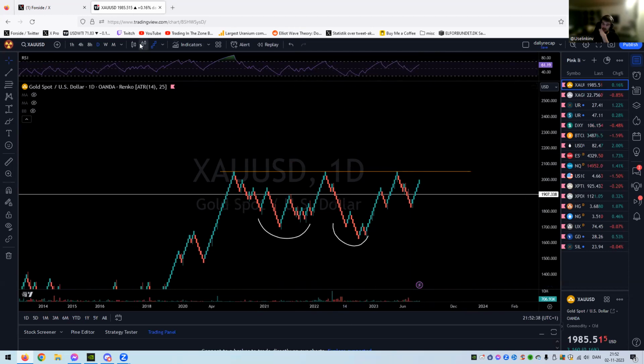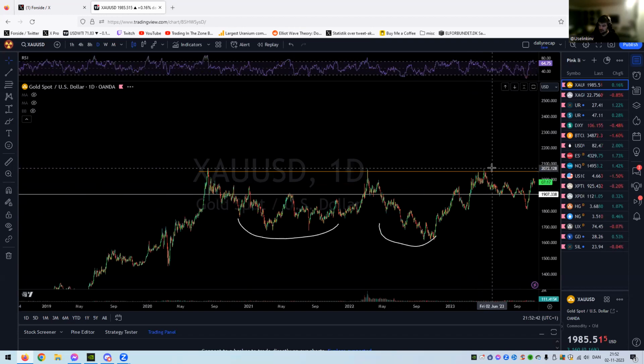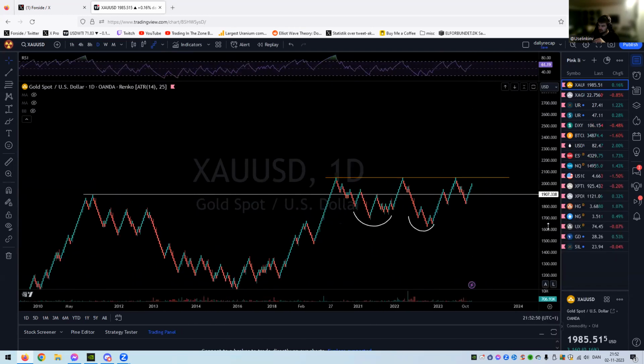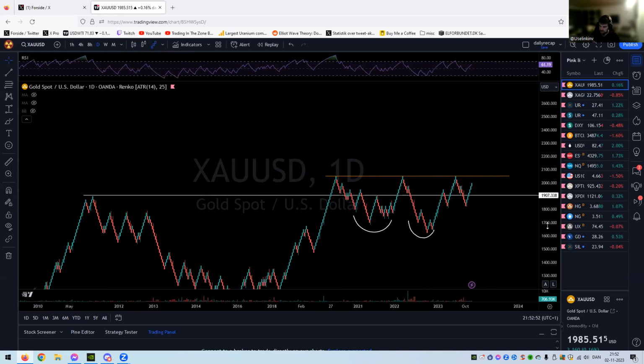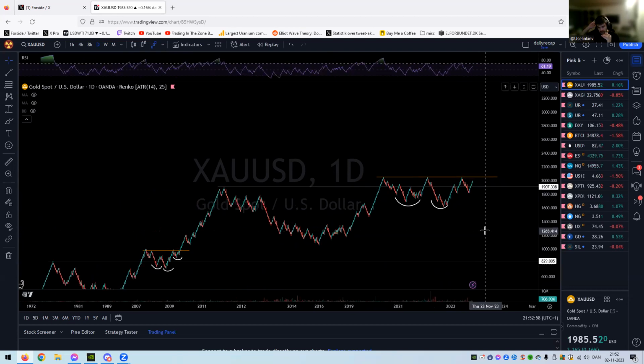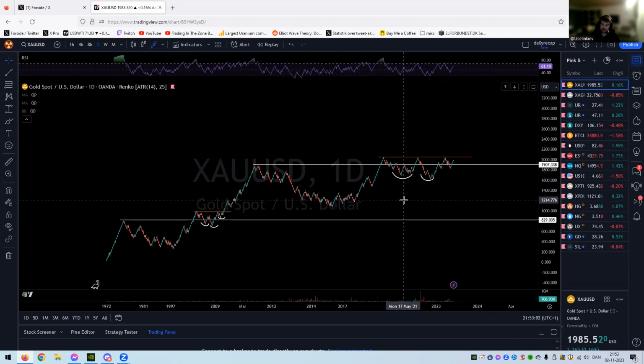And if you go to the bar chart, that is also exactly more or less where we peaked out. You can see here the peaks, 2075. It makes sense. There are some great alignments here. So then again, a close or getting above 2075 in this case triggers the move to 3K. So yeah, that's one way to use the Renko.